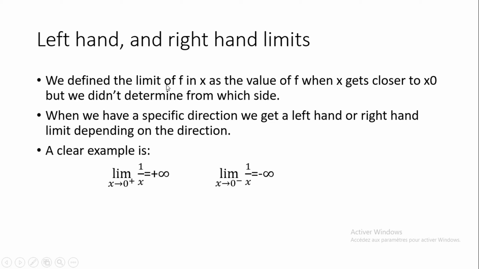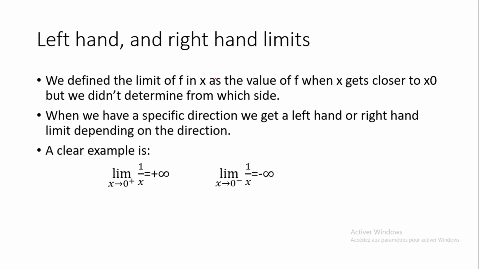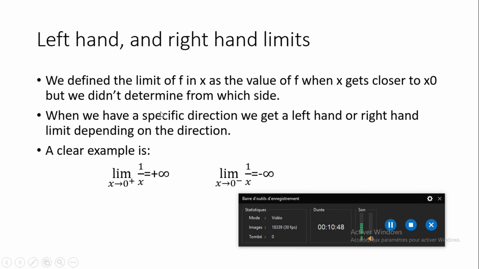So we define the limit of f of x as the value of f when x gets closer to x0. This should be x0, I'm sorry. But we didn't determine from which side. With a specific direction, we get a left-hand or a right-hand limit depending on the direction.